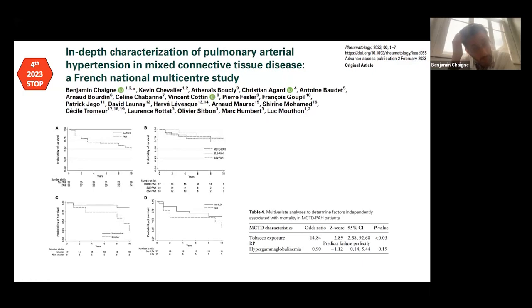Then we looked for risk factors of death within MCTD PH patients, and we found that tobacco exposure was clearly associated with a worse survival. It seems obvious that patients with MCTD should quit smoking, but I'm sure this is quite obvious for anyone around here. And because many of our patients had ILD, we looked for a difference in survival between patients with ILD and PH and those who didn't have ILD but still had PH, and we didn't find any difference in this work.